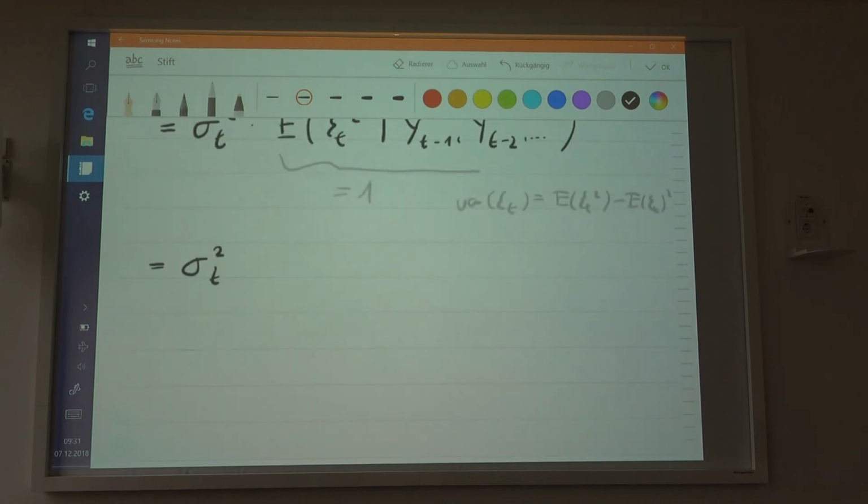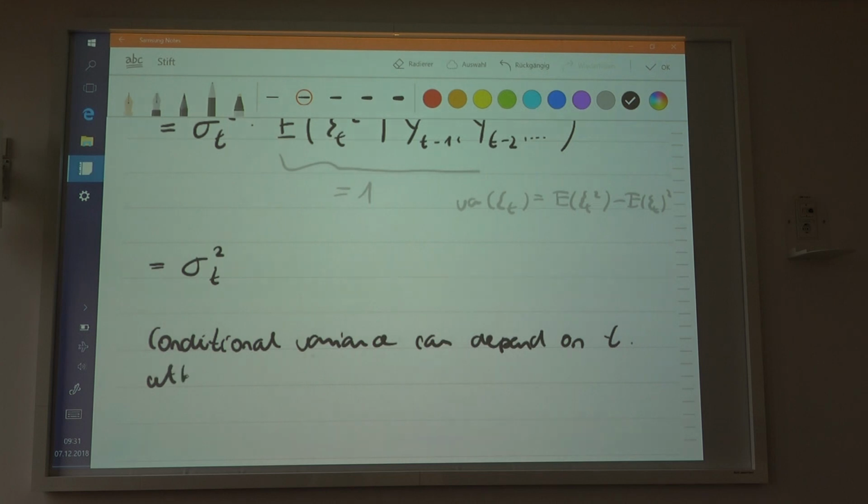Okay, so we have seen this quite often, but let me just summarize this. The conditional variance can depend on time, although the process might be stationary.